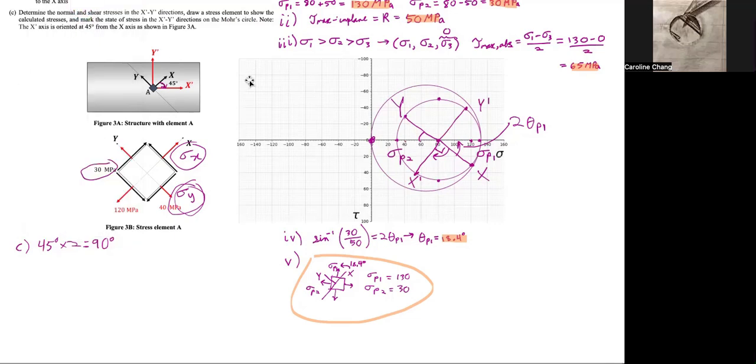Our shear stress is given by the y coordinate. So if we draw a line up from x prime, we will get the location of the normal stress as the x-axis and the location of the shear stress as our y-axis. Again, we can calculate these two values by first finding this angle over here, which we will call theta prime.